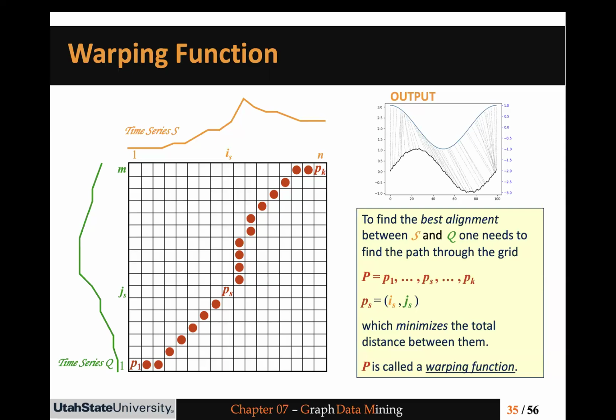Okay, so there are multiple paths that you might choose along the warping matrix. Some of them might be very minimal, that minimize the total distance between the two time series.